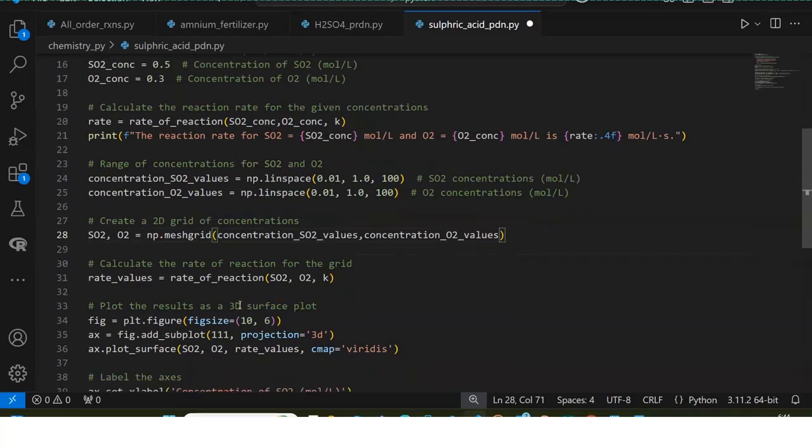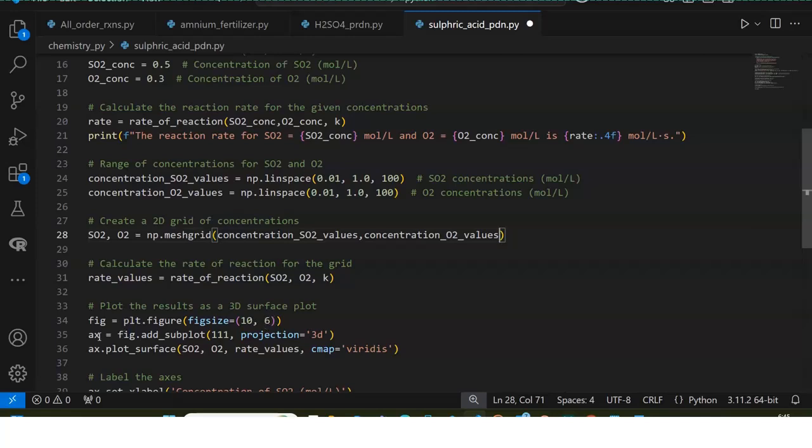For plotting, we have fig equal to plt.figure, with figsize equal to that. The figure function creates a new figure object for plotting. Then figsize sets the size of the figure in inches, in width and height. Meaning the figure on which we are going to have our plot is going to be 10 inches wide and 6 inches high.